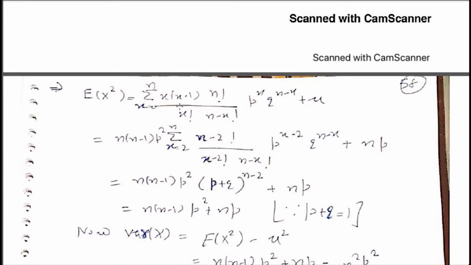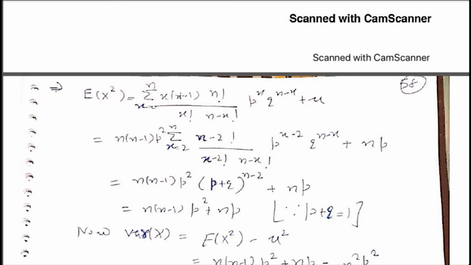So see, in the denominator there is factorial x and in the numerator there is x into (x minus 1). After cancellation this can be written as 1 by factorial (x minus 2). We have to convert the factorial n in the form of (n minus 2) factorial because we want to obtain a binomial expansion form. So n factorial can be written as n into (n minus 1) into factorial (n minus 2).